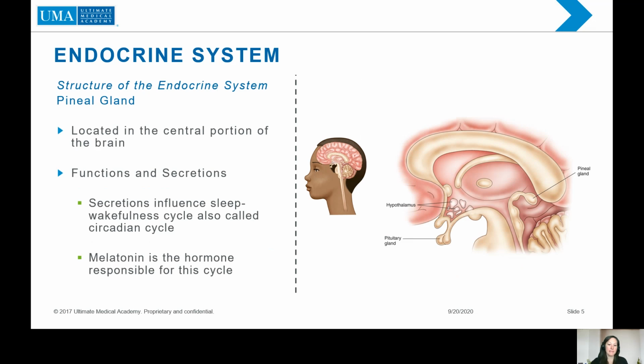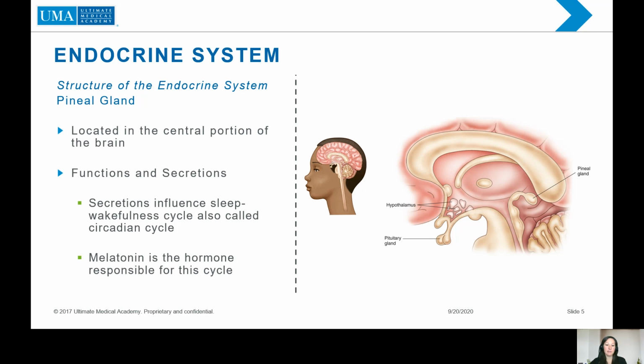Let's talk about the pineal gland. As you can see in the diagram, all the way to the right, the pineal gland is located right there in the brain, kind of behind the hypothalamus, towards the back of the head. So it's located in the central portion of the brain.